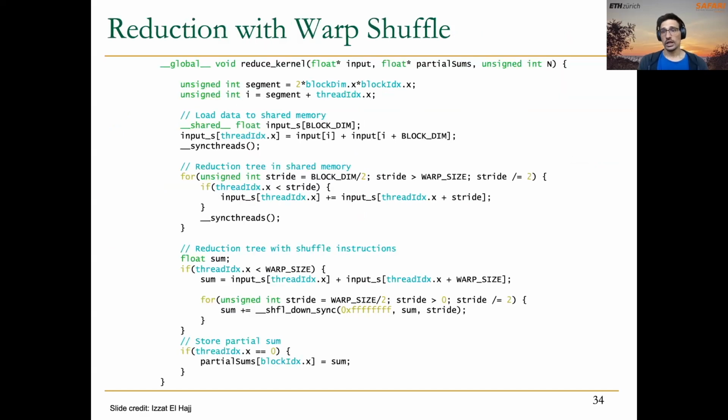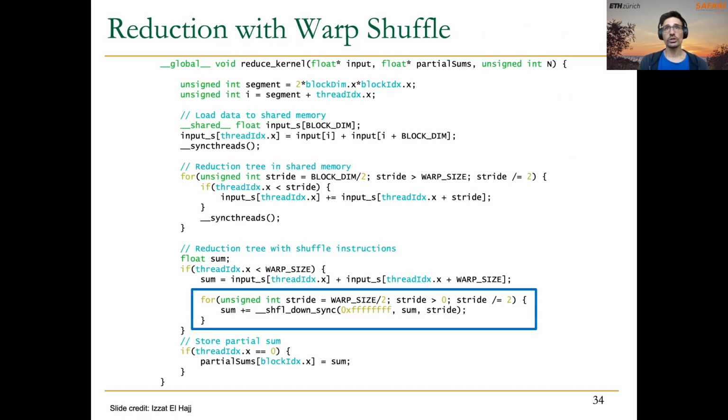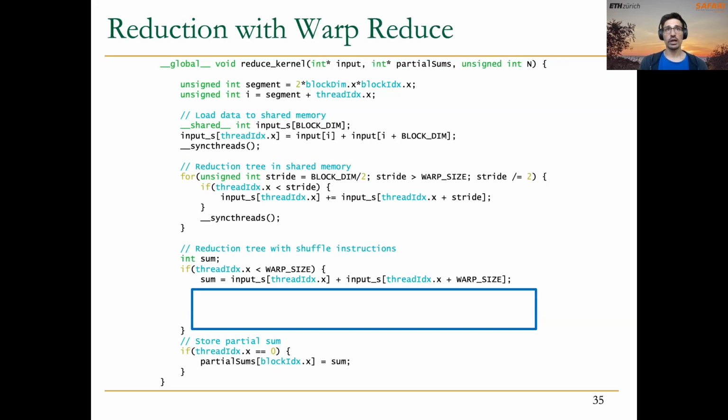So in the end, if we want to use warp reduce instructions, what we are doing is replacing this for loop where we use the shuffle instructions with a single instruction, in this case, the reduce add sync.